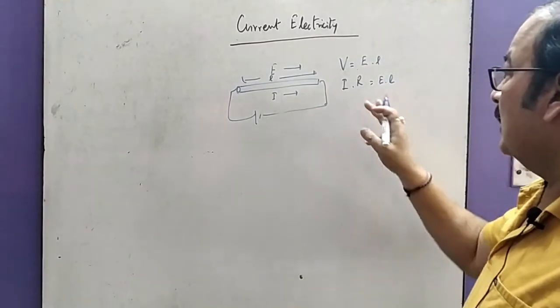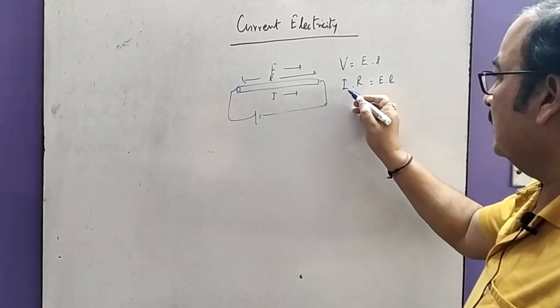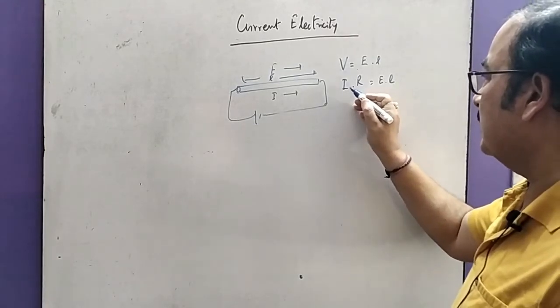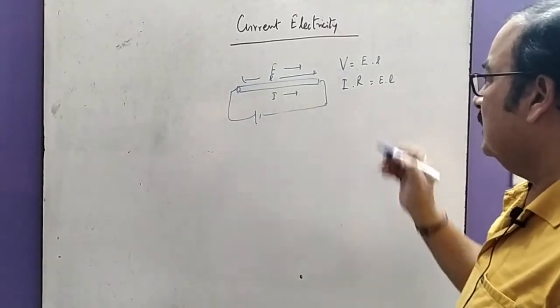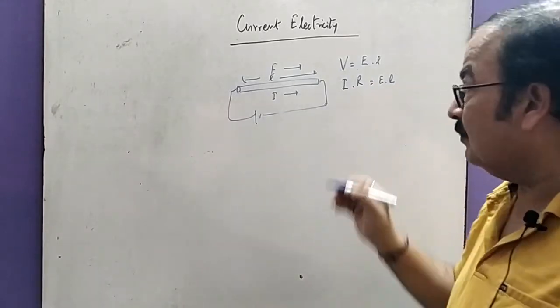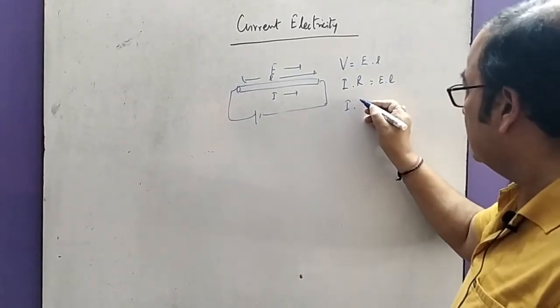And voltage can also be written as I into R, equal to E into L. Clear? You have seen this thing. Now R in terms of rho, let us write.